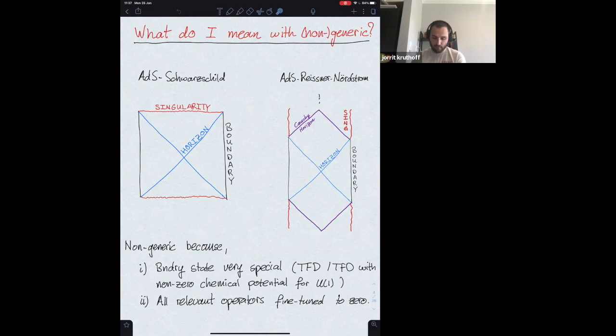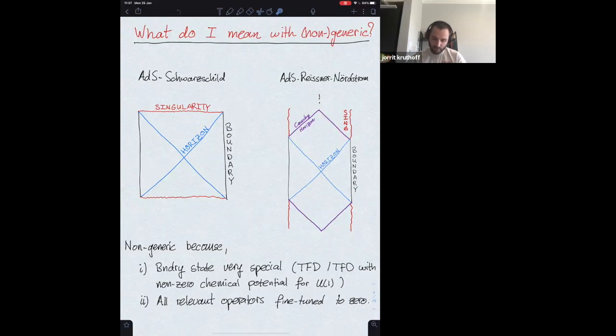If there's no scalar field present, so we just have this pure AdS-Reissner-Nordström black hole, this geometry has an outer horizon, here depicted in blue, and it has a Cauchy horizon or inner horizon.